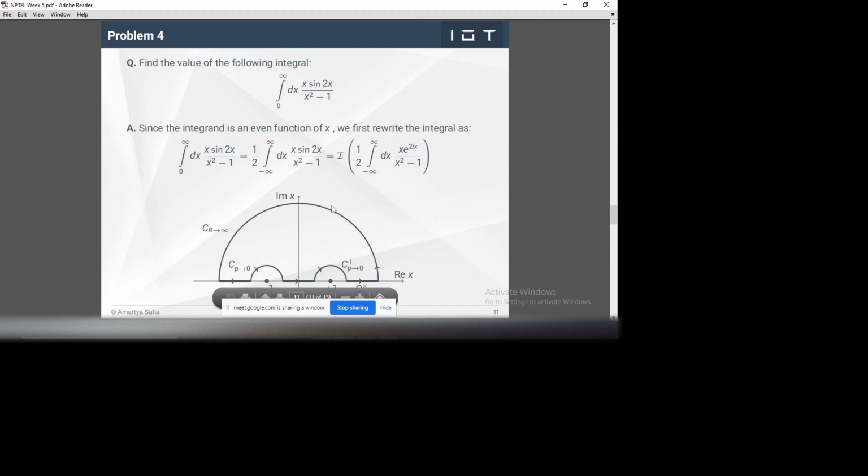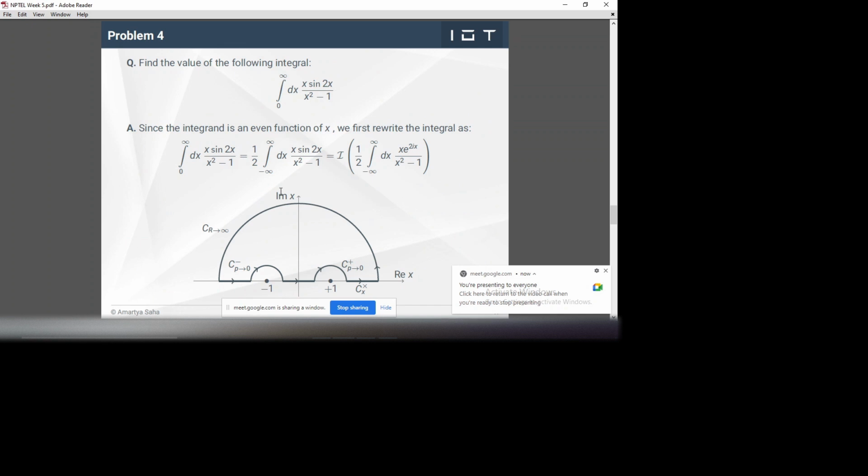And then the semicircular arc, the usual one. So these are the 4 components of the closed contour C, and you can convince yourself of the direction of the contour. This is again counterclockwise, because we have to go from minus infinity to plus infinity.